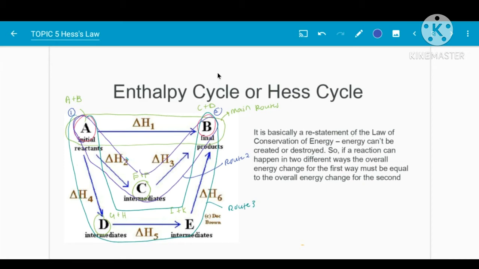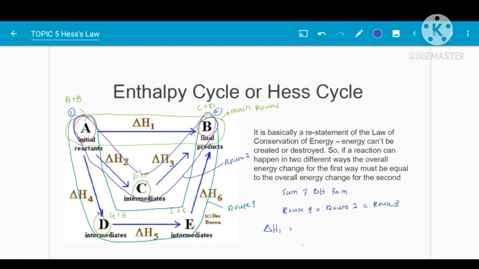Please remember that the sum of enthalpy change in route 1 must equal the sum of energy in route 2, which must equal the sum of energy in route 3. So in route 1 we have delta H1.